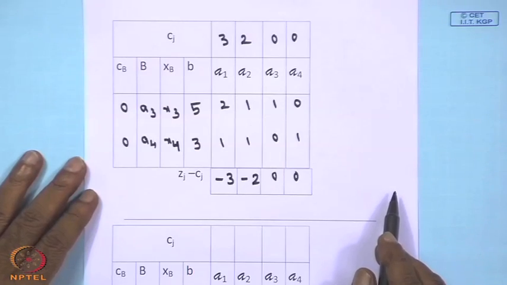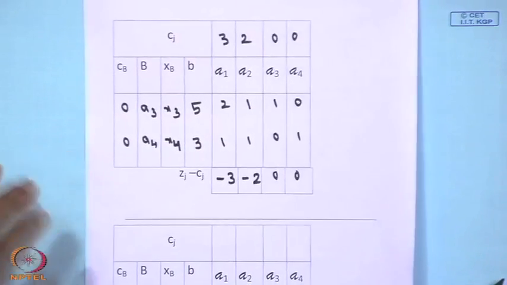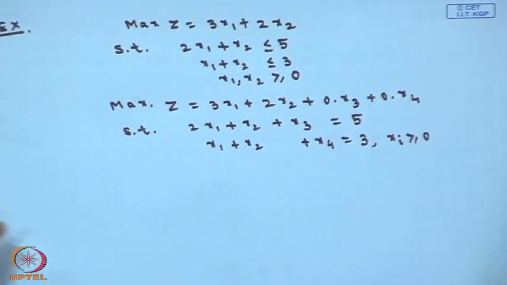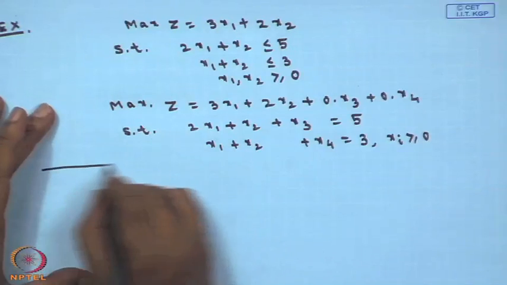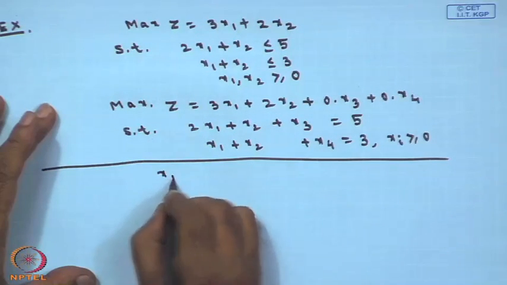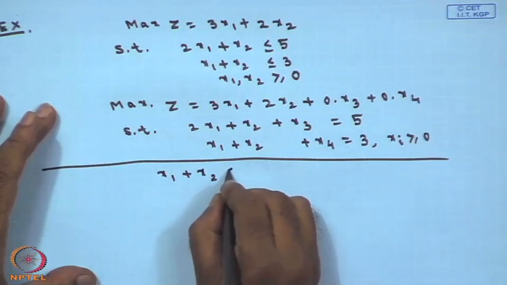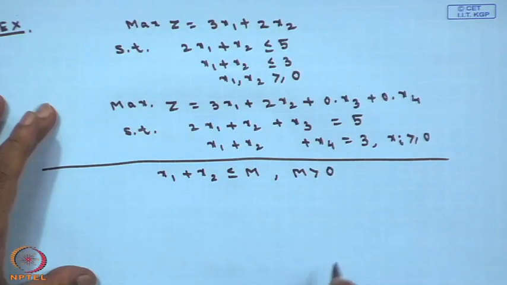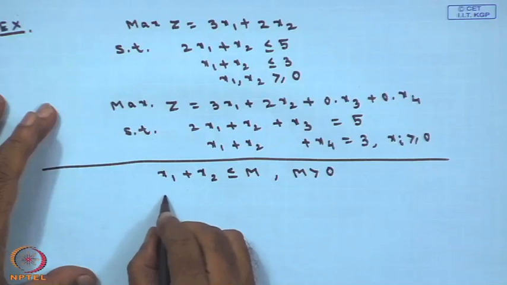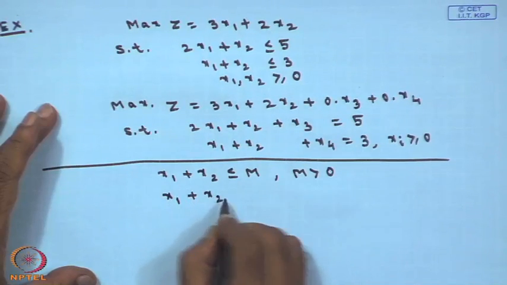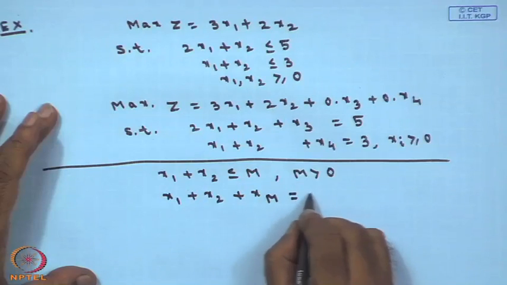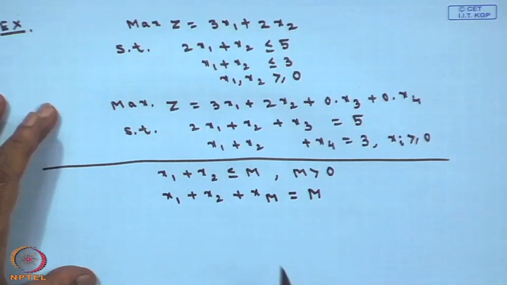So, as we have told, now you have to add an artificial constraint over here. The artificial constraint is x1 plus x2 less than or equal to M, where M is greater than 0 and sufficiently large. By introducing the slack variable xM, I can write x1 plus x2 plus xM equals M. Now I have to check which variable should be replaced.